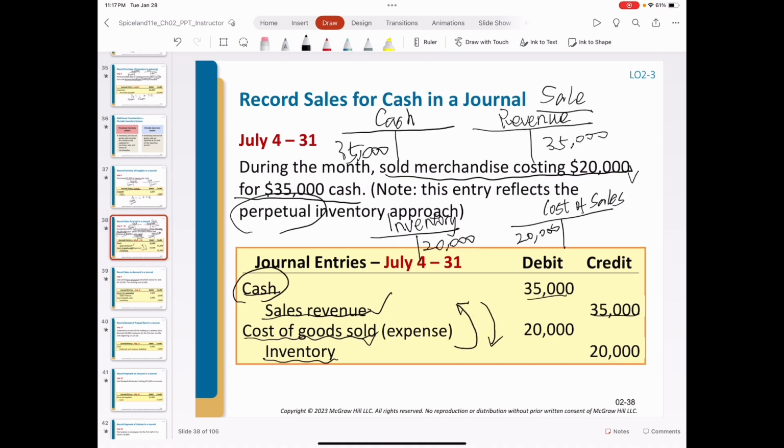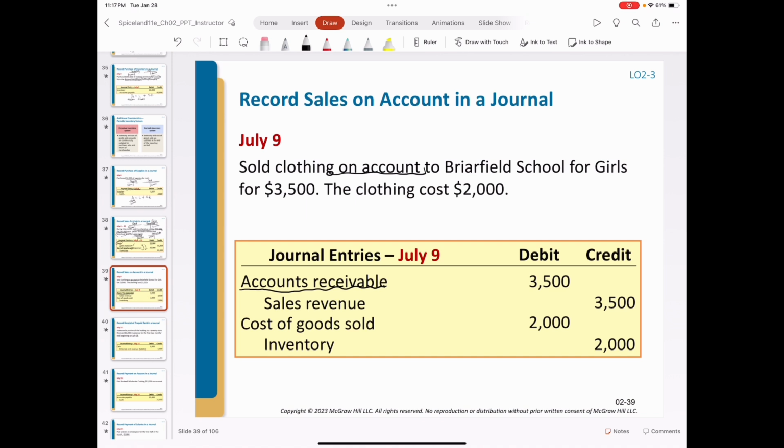Here we debit cash, but here we debit another asset, accounts receivable, and we recognize sales revenue. Because of this sale, we know the cost of the sale, so we debit cost of goods sold $2,000 and credit inventory $2,000. The only difference is this account. Why?